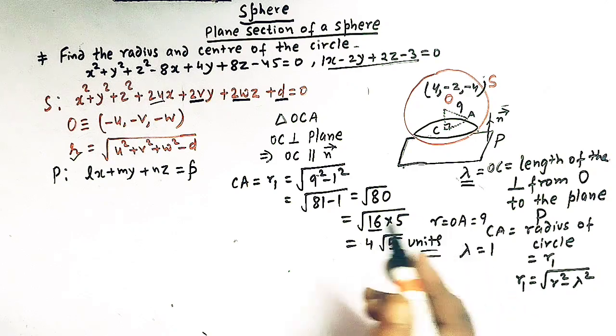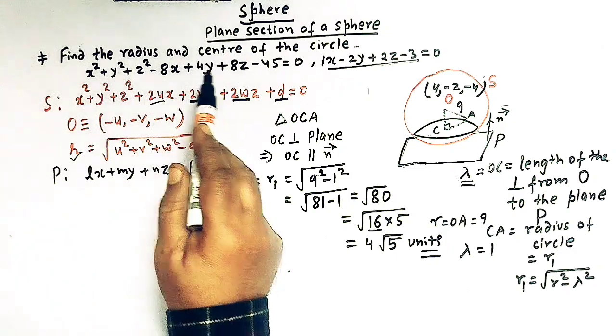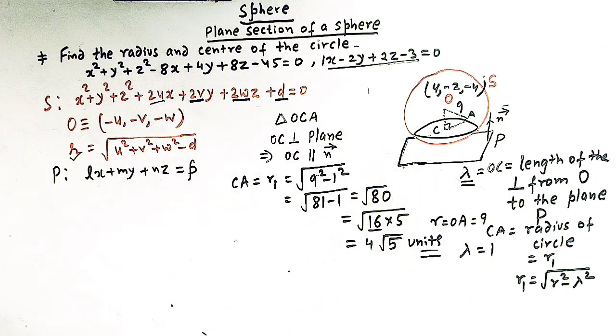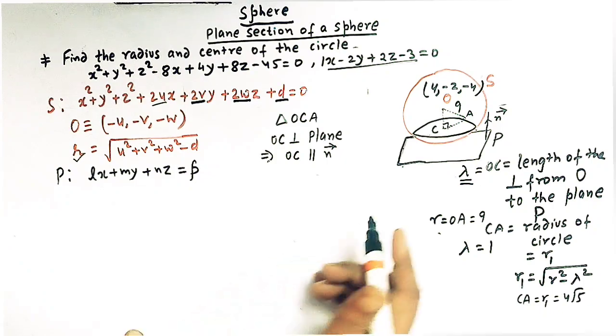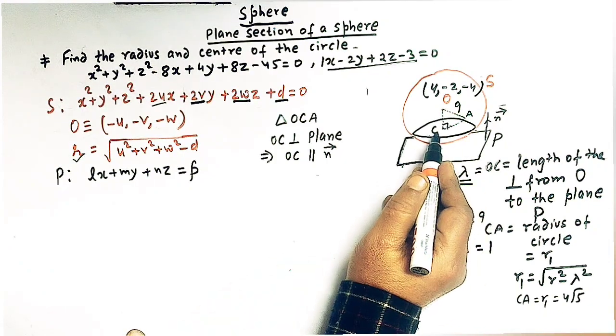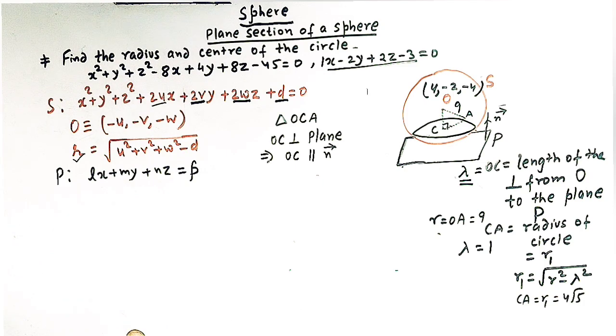So now we need to find out the center of the circle C. To get the center of the circle, that is C, we have to make use of the concept of the symmetrical form of the equation of a straight line, right?